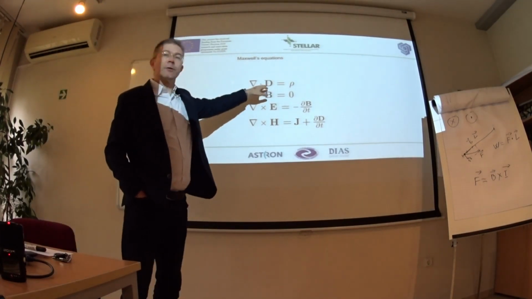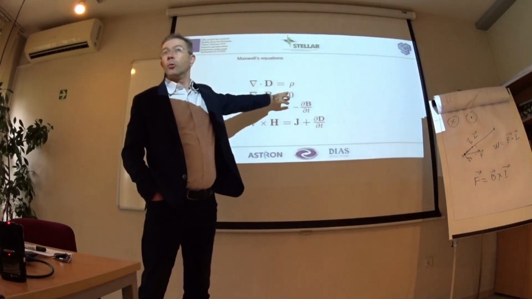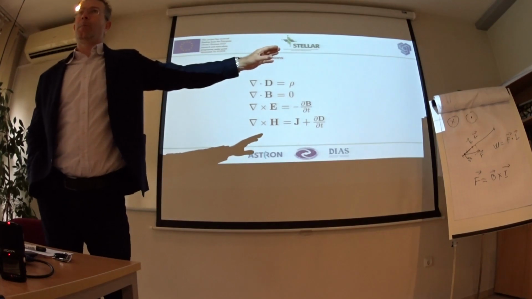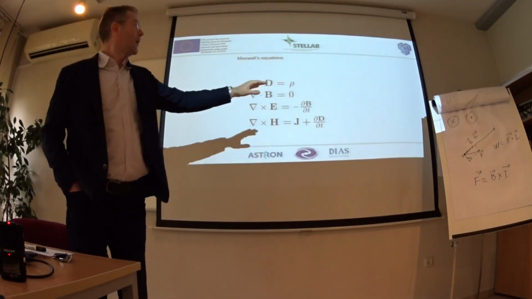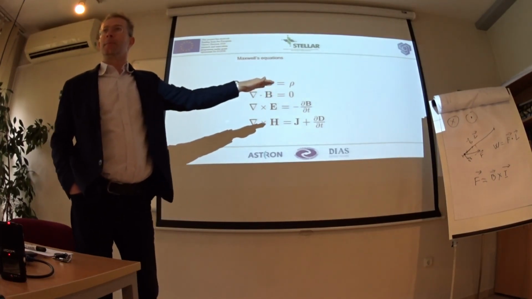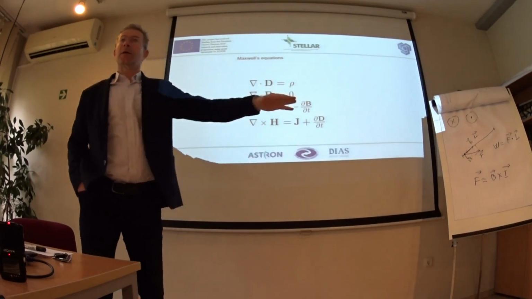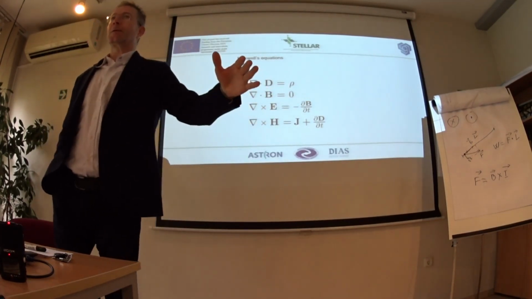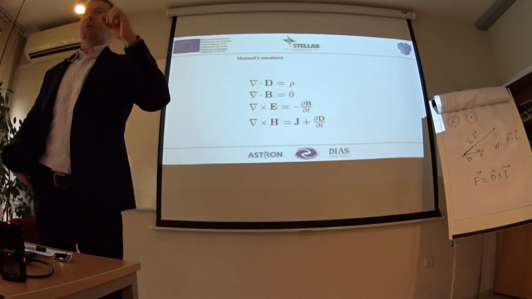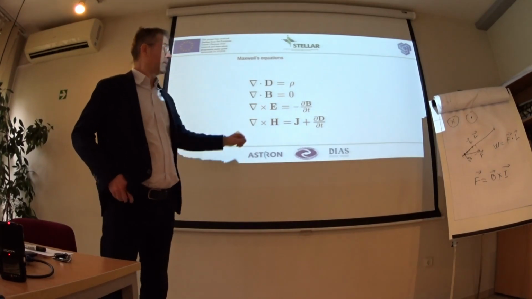So divergence of D equals charge density. Divergence of B equals 0 everywhere in the space. It means the B vector doesn't have sources, point sources.